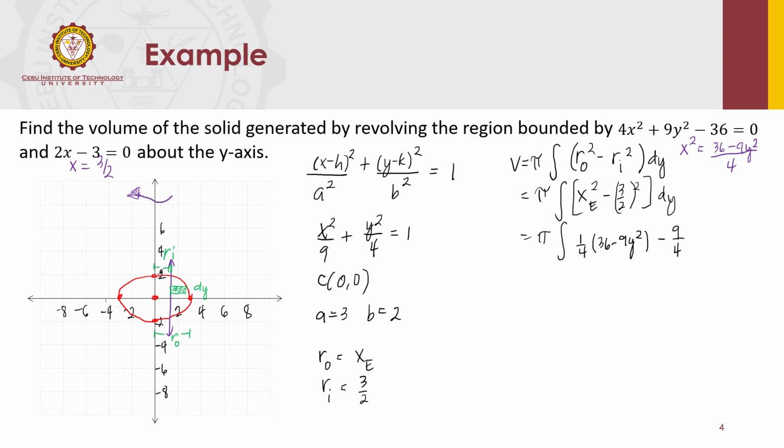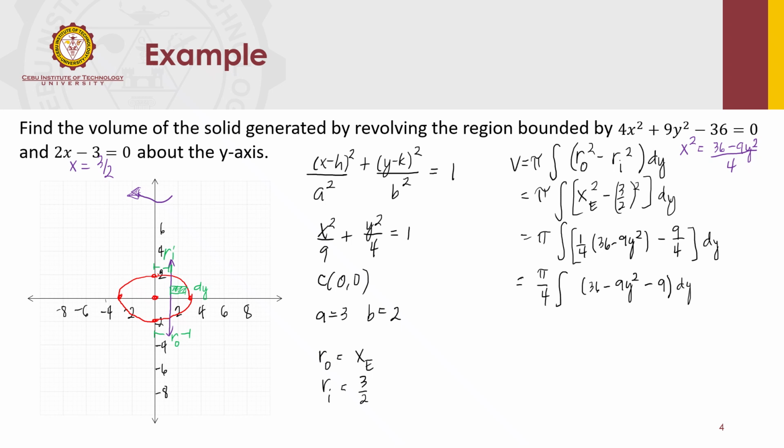So the common factor of the two expressions is 1/4. So we can put the 1/4 outside. So that's pi times 1/4 or pi/4. And then we have 36 minus y squared, and then minus just 9 for the second part, because we are factoring out 1/4.